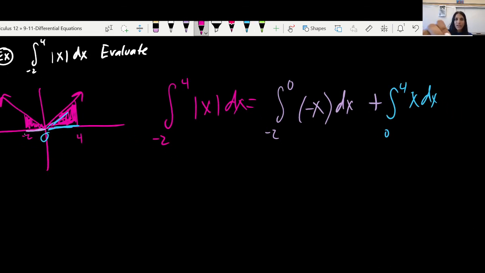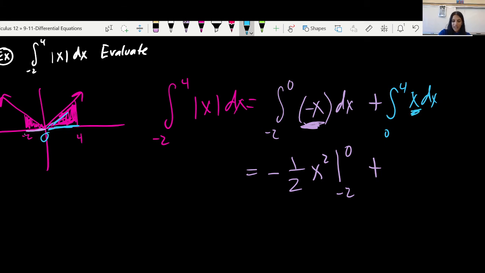When we go to do that, it would be -1/2 x squared when I take the antiderivative, from -2 to 0, plus I do the same thing over here. When I take the integral of this, I'd get 1/2 x squared, from 0 to 4. So you get to see what I'm saying.